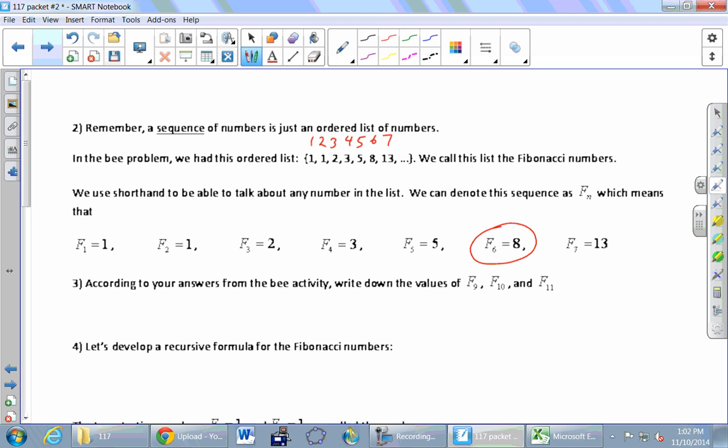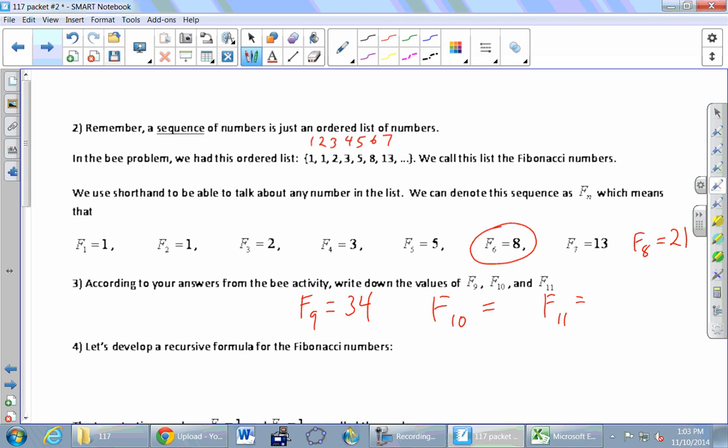All right, so let's keep going here. F9, F10, and F11. Did we find those? F9, how much is F9? Is that the 9th one? Yeah, because F8 is 21, that's right, and so F9 is 34. So go ahead and write down F10 and F11. Take a moment to do this calculation.